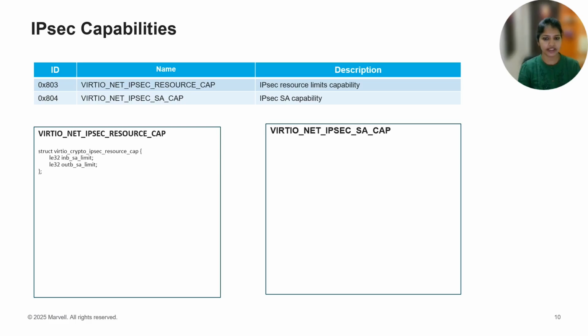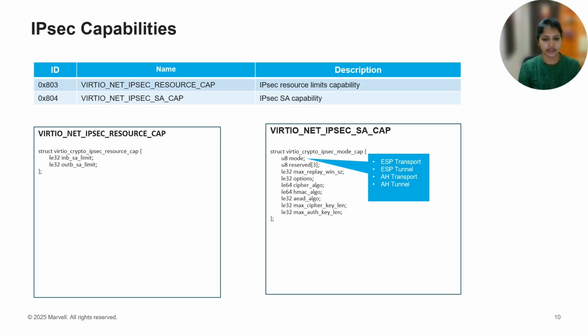The mode specifies the IPsec operating mode, which can be ESP transport, ESP tunnel, AH transport, or AH tunnel. virtio-net IPsec reuses cipher algorithm, HMAC algorithm, and AAD algorithm definitions from the virtio crypto device. The device can define the IPsec protocol features for each mode.